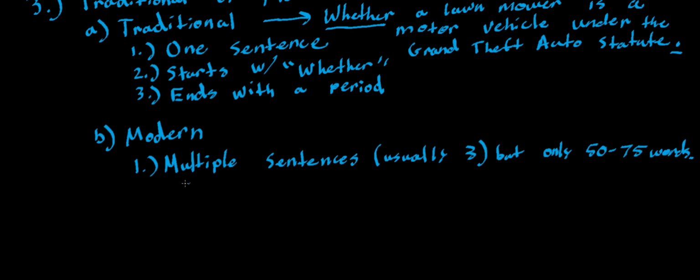Already you can see that the modern issue statement is going to give you more flexibility, and it's also going to be a bit more detailed than the traditional issue statement.